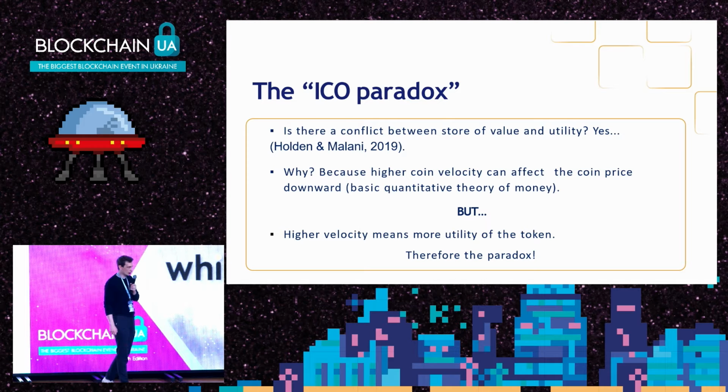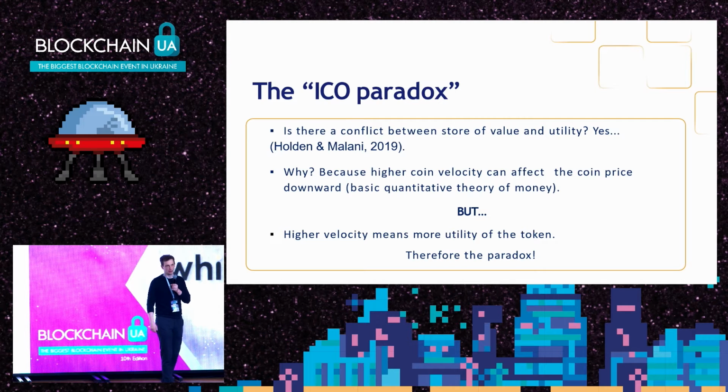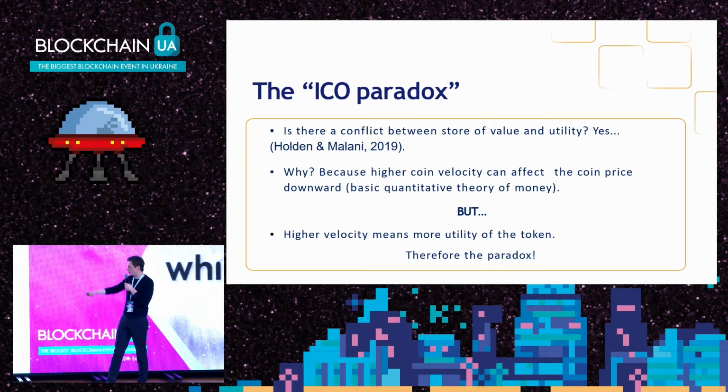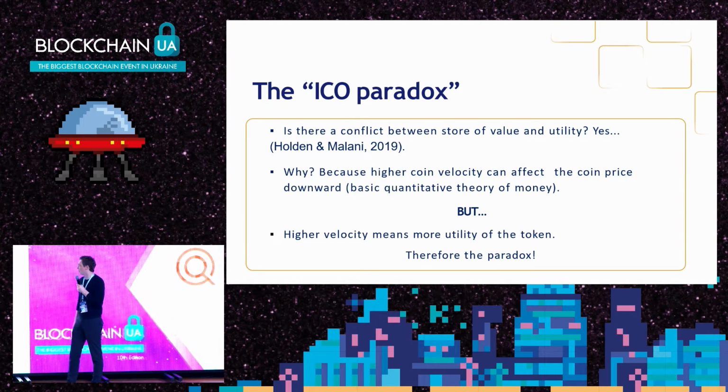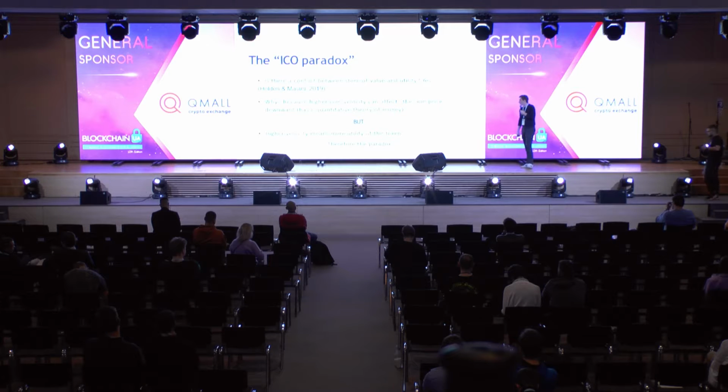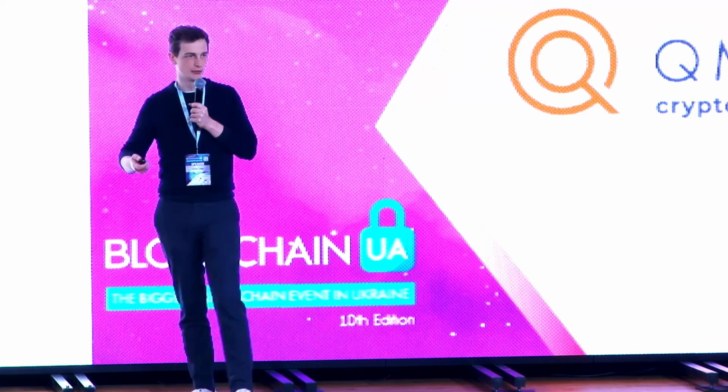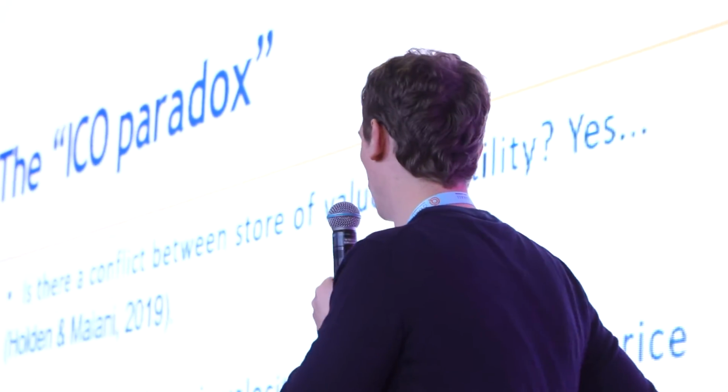But what's happening here has been spotted by a few authors. The first one was actually Vitalik, but there is a more formal paper I quote here. You basically have a conflict between the store of value token and a utility token. Why? Because a utility token has high velocity: you transact and pass it hand to hand to other people quite fast.